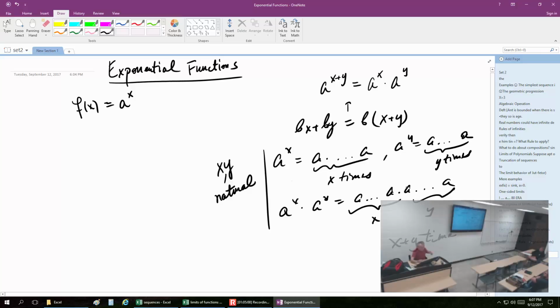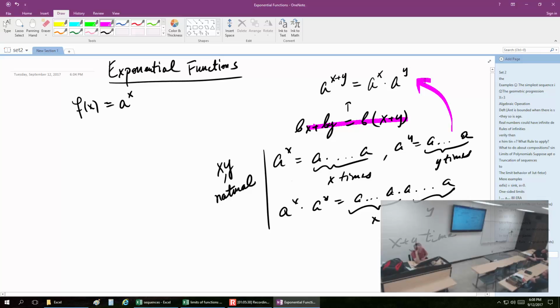If we ignore this for now, this is how we explain this formula. It is a repeated multiplication. So you multiply either x plus y times to begin with, or you multiply x times and then y times. Altogether, it's x plus y. You're just counting how many times a has appeared there. Okay, so that's same with the rest of the rules.